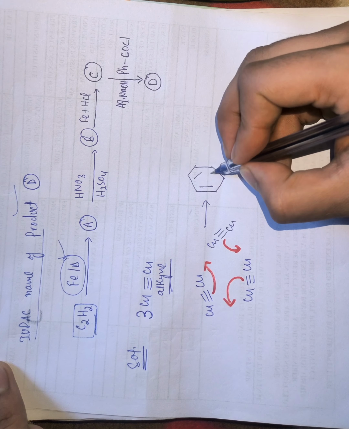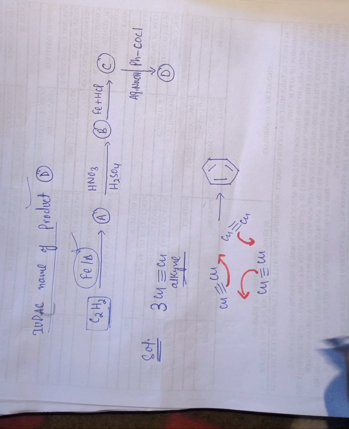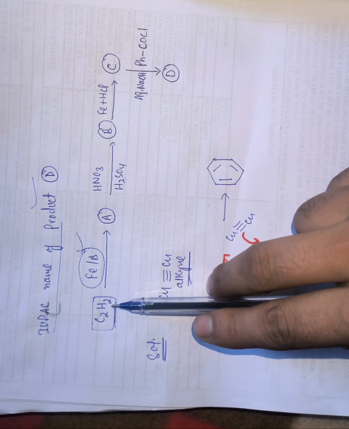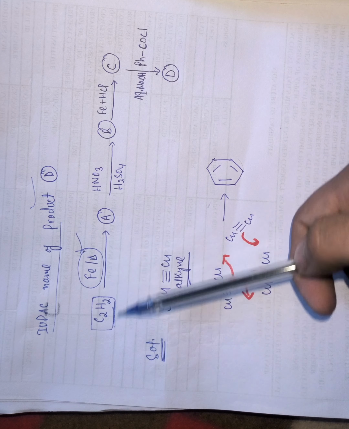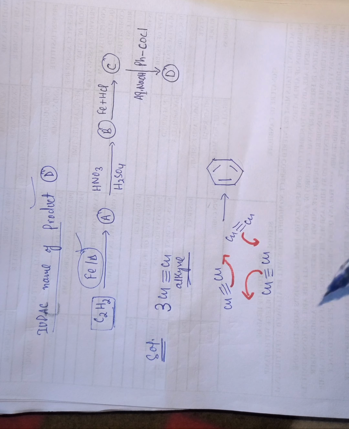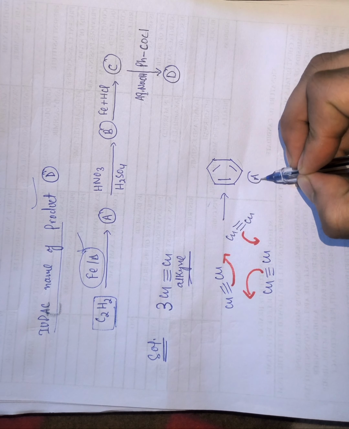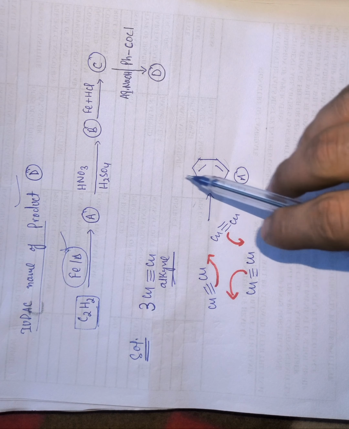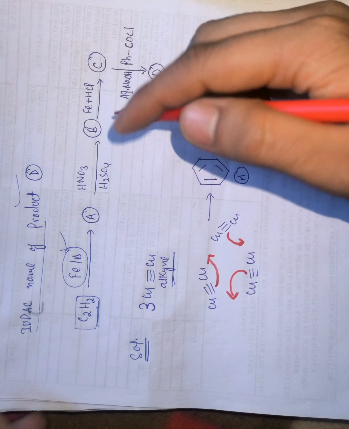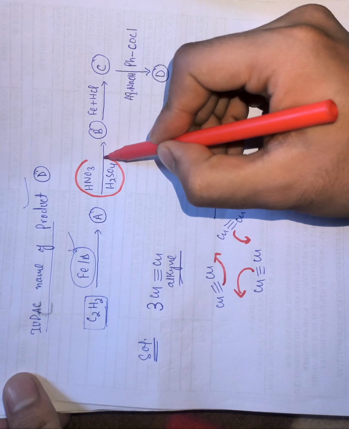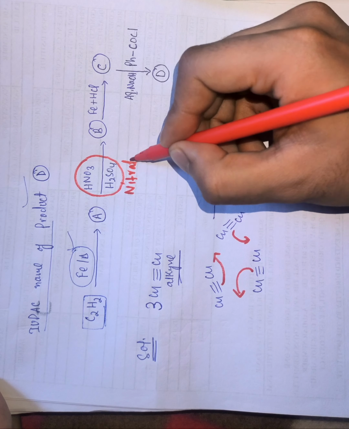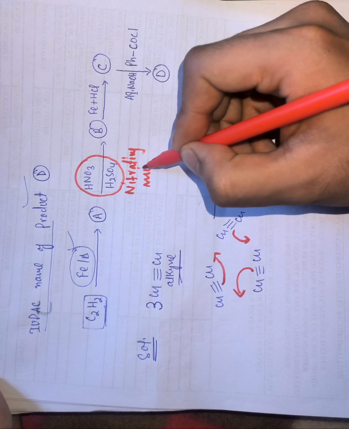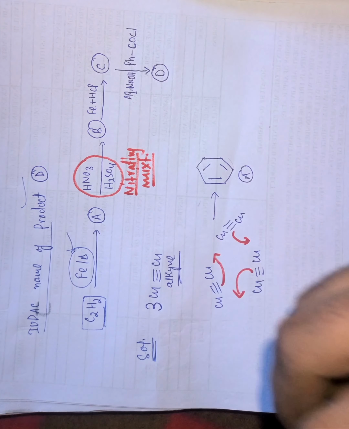Right, it's very simple. So in this step, when alkyne is passed through a red hot iron tube, or you can say heated iron, product A is formed, and this A is benzene. Now the second step is very simple. When this A is treated with nitrating mixture, that is nitric acid plus sulfuric acid, nitration will take place.